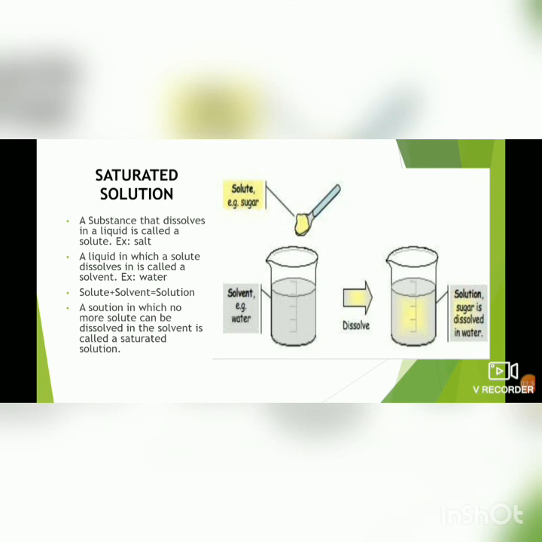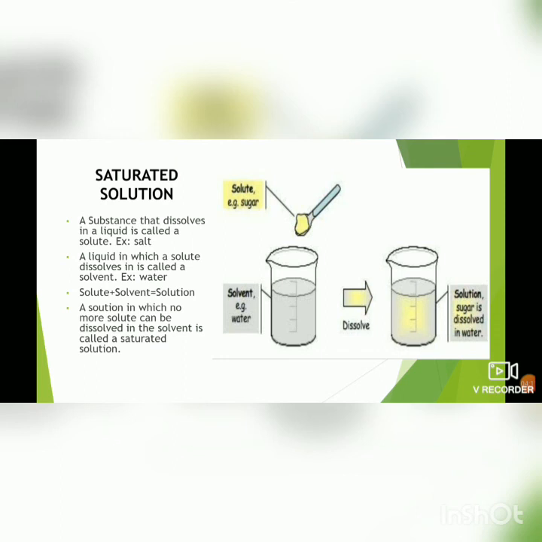The substance that dissolves in this liquid or solvent is called a solute. For example, the salt or the sugar that you pour inside the solvent is called a solute. And when the solute and the solvent mix, what do you get? A solution. So a solution is solute plus solvent.